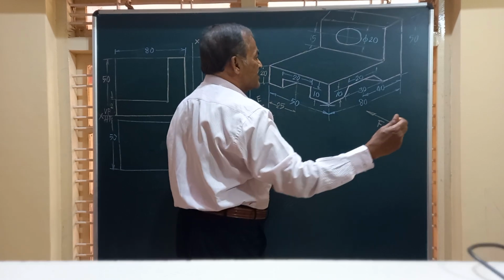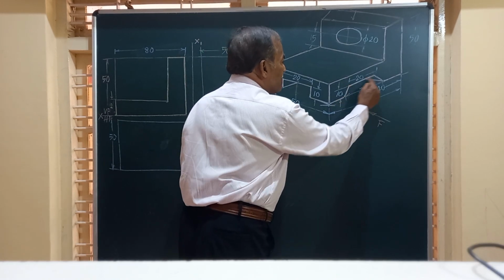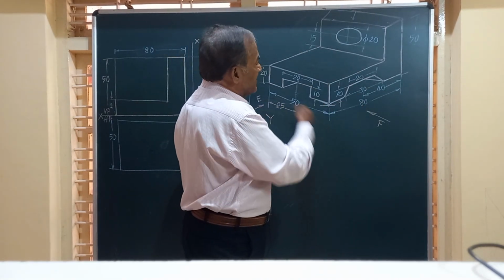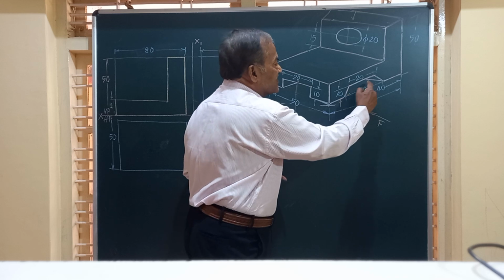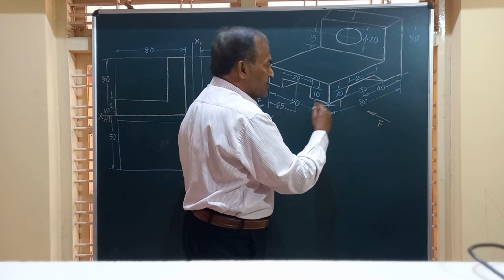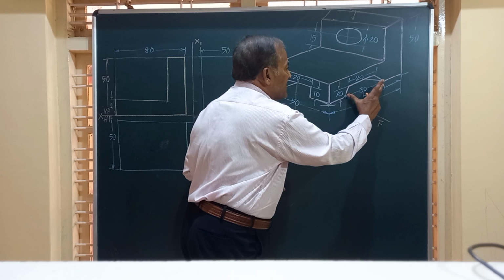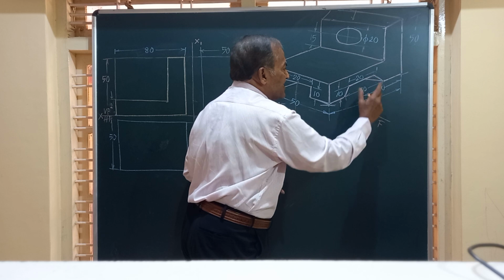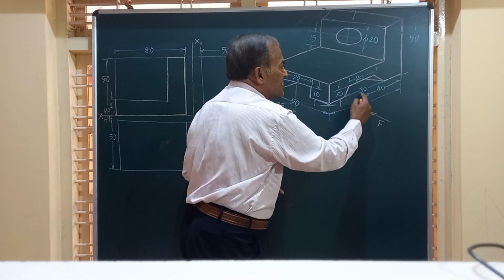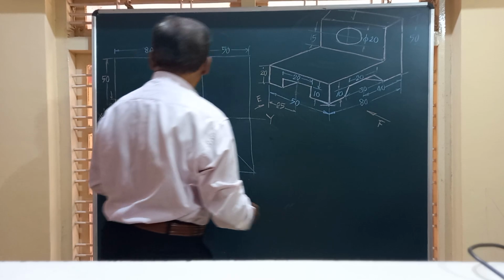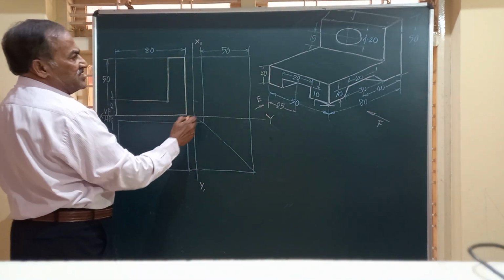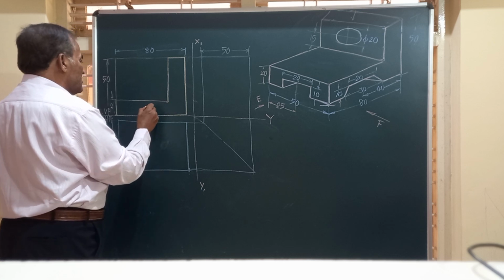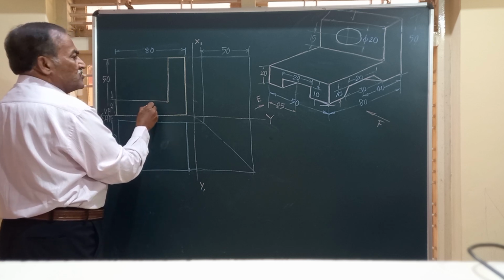Next, friends, on the same piece, you have a trapezoidal slot, a cutting made throughout this 50 millimeter depth. So I have to construct this trapezoidal cutout. It has a width of 20 at the top, 30 at the bottom, height is equal to 12, and it is exactly in the center of this face. So I mark the center of that face, which means from that end I have to mark 40 millimeter.